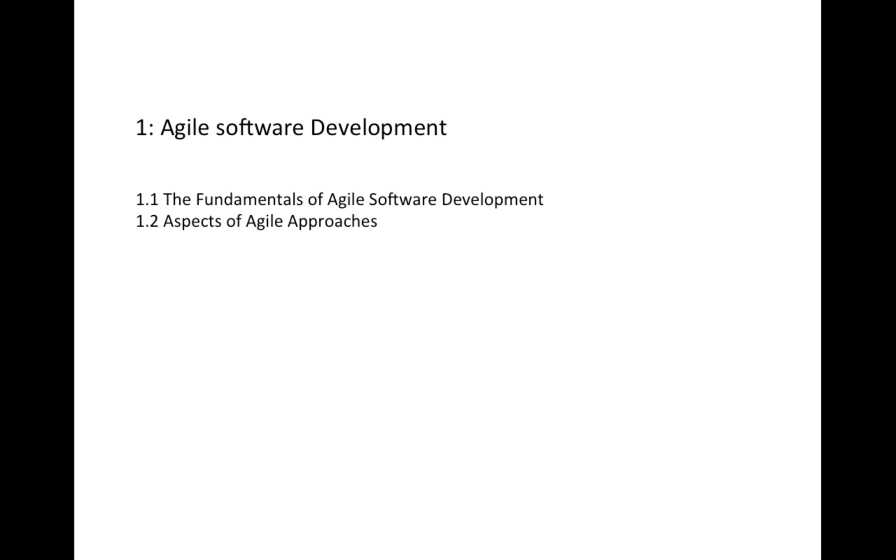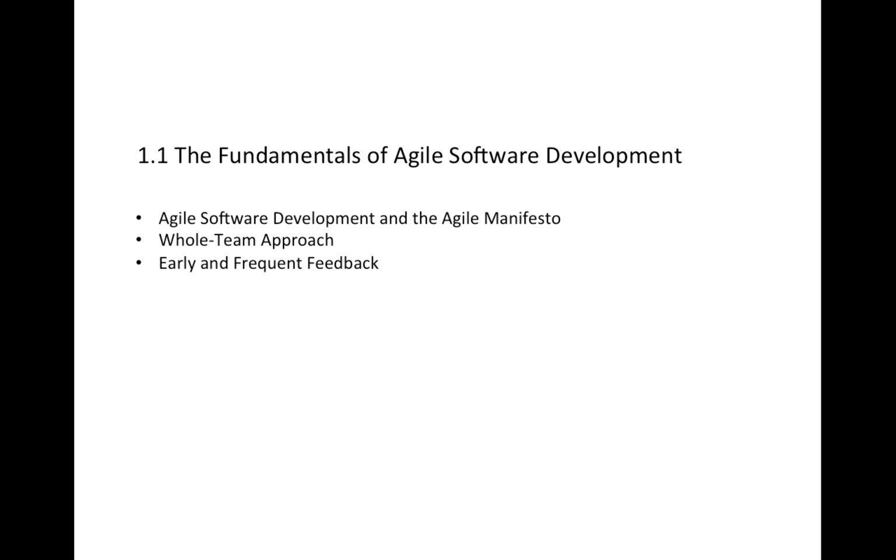In agile software development, we can split that into two parts: one is the fundamentals of agile software development, and the second is the aspects of agile approaches. Let me go step by step, and meanwhile if anyone has any questions, please send them to me as text, because in this tutorial you can't join the conversation.